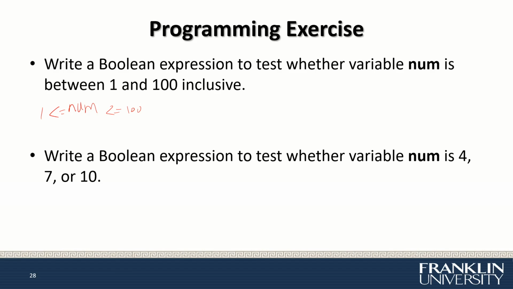In Python, and in many programming languages for that matter, you will want to write 1 less than or equal to num and num is less than or equal to 100. Do not write this. I think a lot of times students write 1 less than or equal to num and 100. Remember what I said before? Anything non-zero is true. This would be a true statement.